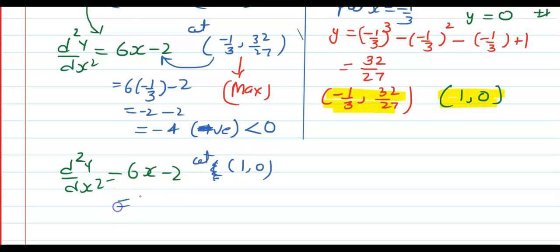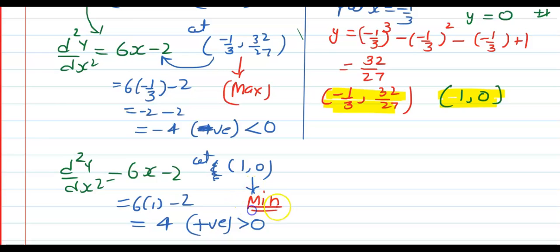If you put x equal to 1, so 6 times 1 minus 2, it is 4, which is positive, greater than 0. It means this point will be a minimum. Okay? Is that fine? Guys, is it okay? Or should I explain again?